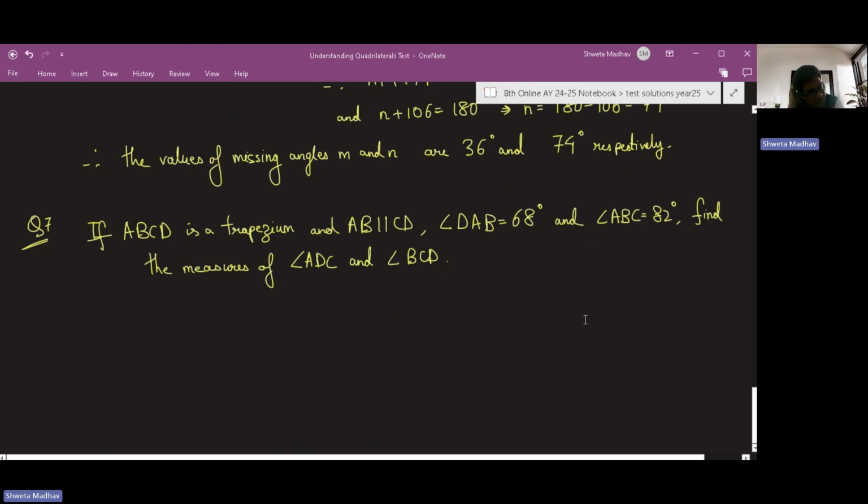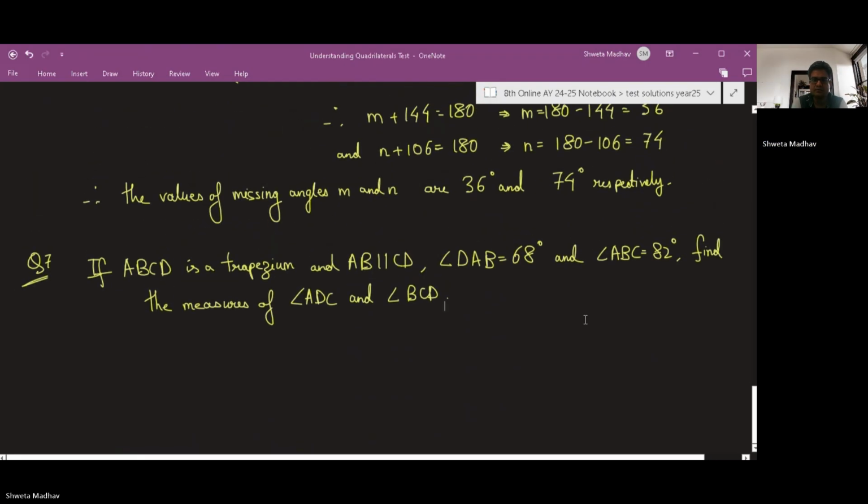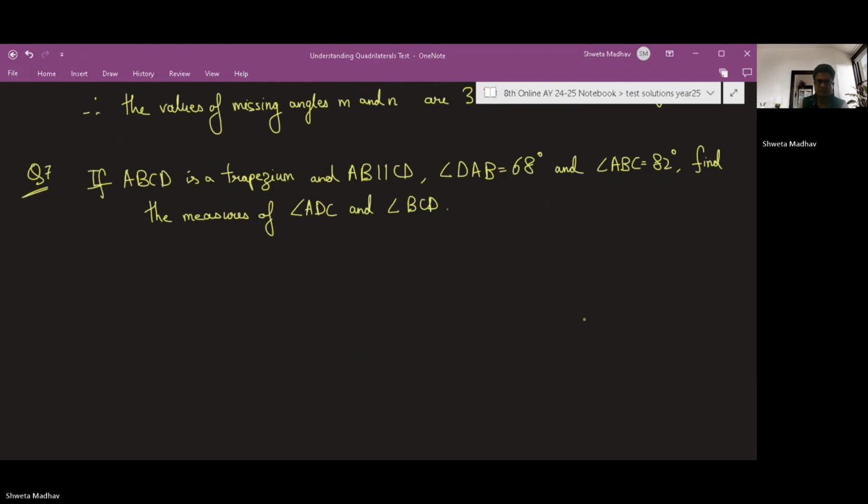So ABCD is a trapezium and AB is parallel to CD. So we can draw like this. Let's say this is ABCD.